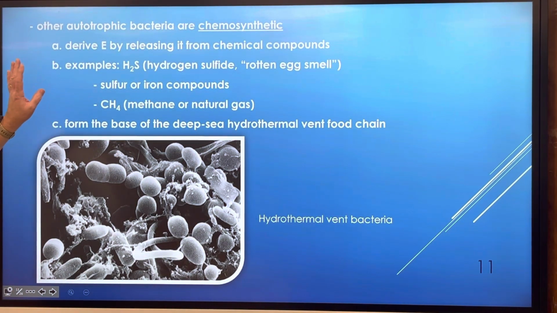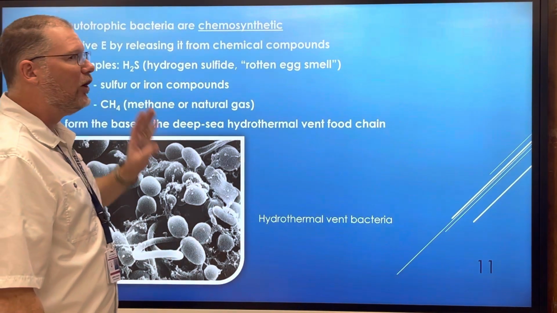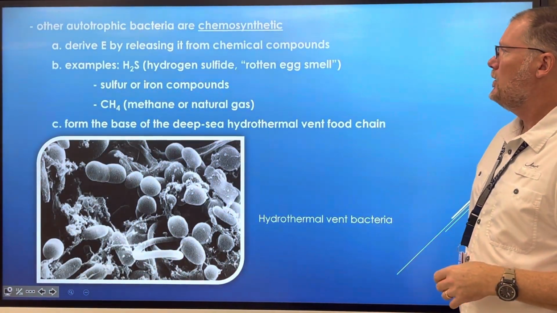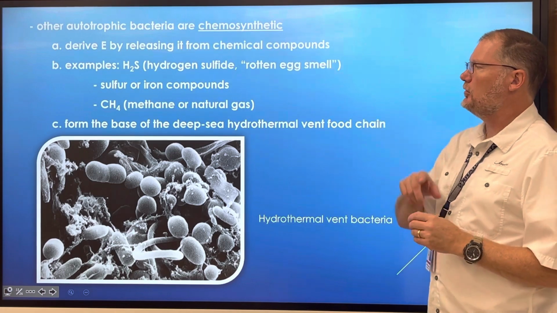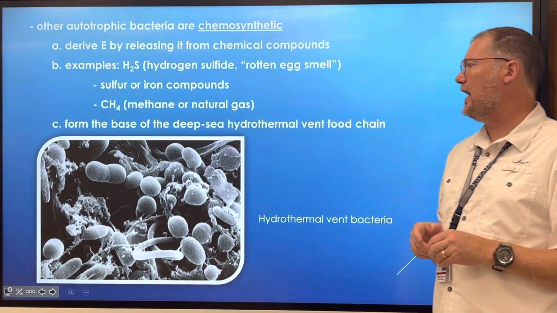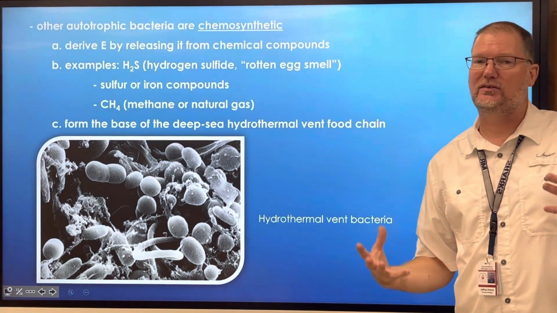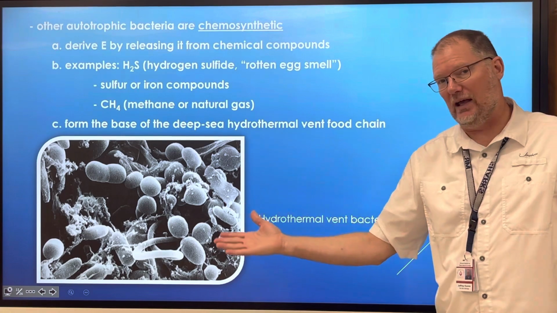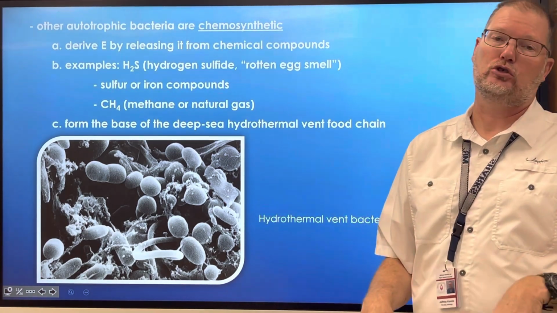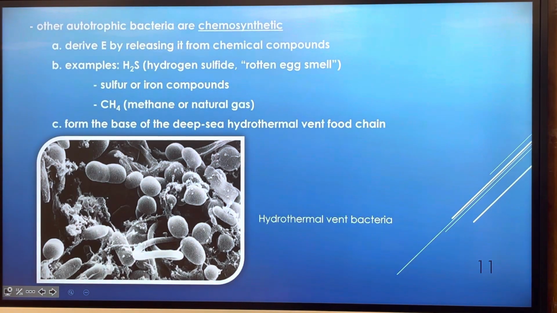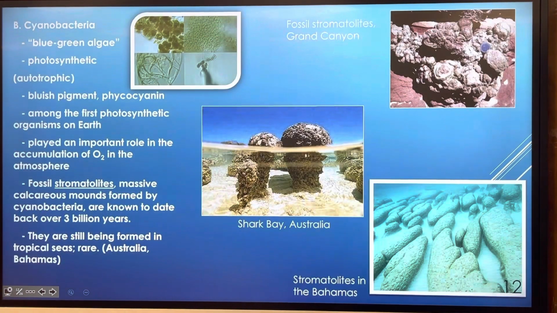These are the ones that get their energy from sulfur, remember, releasing it from the chemical compounds. So sulfur or iron compounds, methane or natural gas, and these guys form the basis of the food chain for hydrothermal vent communities where there's no light, in the aphotic zone at the bottom of the ocean.